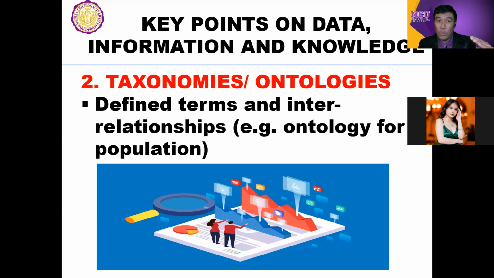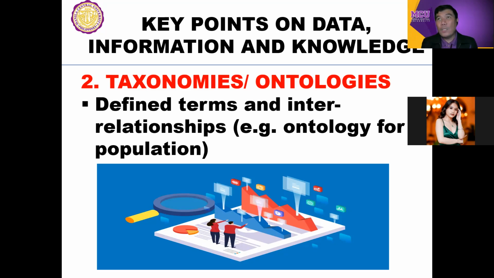Nag-branch out na siya into 2. So, merong mga respiratory diseases that are identified only in adult but not in children or pediatric clients. So it gives us yung association and relationship when it comes to identity.